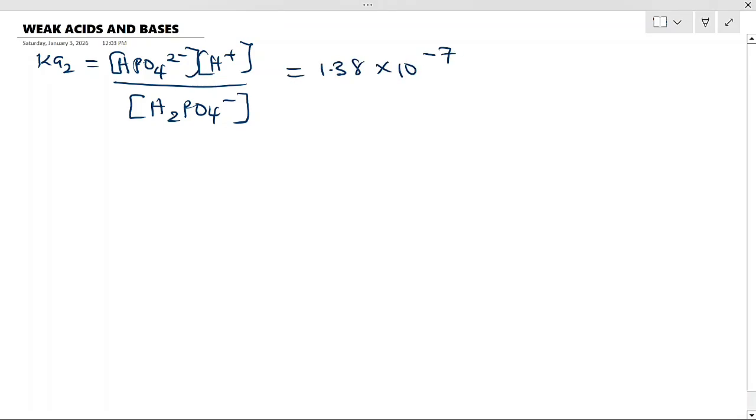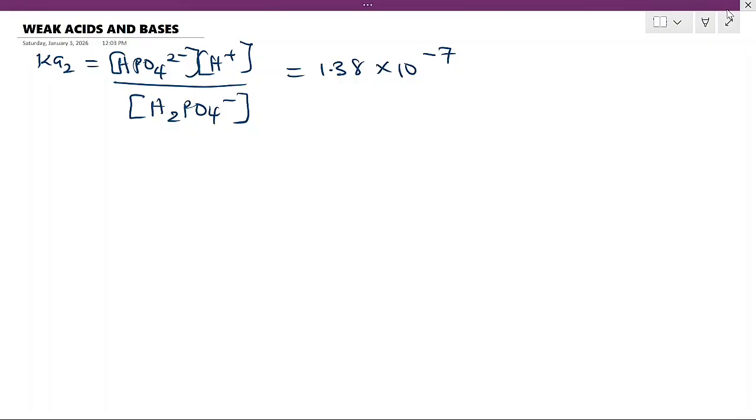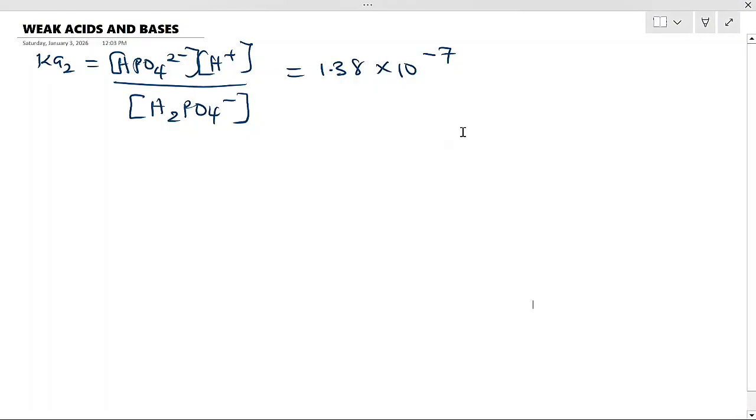So writing out this explicitly using water as follows, we'll continue from our next slide. Thank you.